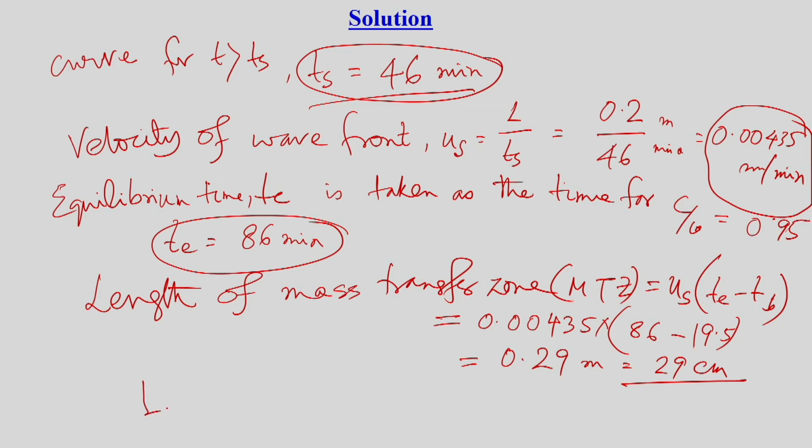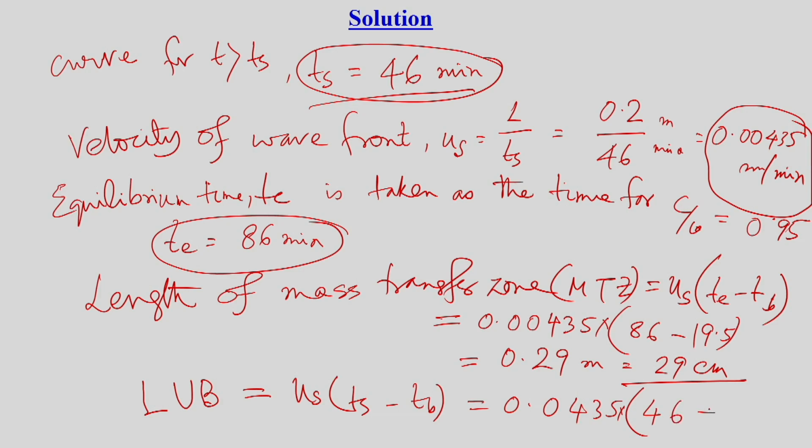So, the length of unused bed, that is the one question that is asked: what will be the length of unused bed, LUB? That will be nothing but Us × (Ts − TB). So, Us equal to again 0.00435 × (Ts = 46 − 19.5).